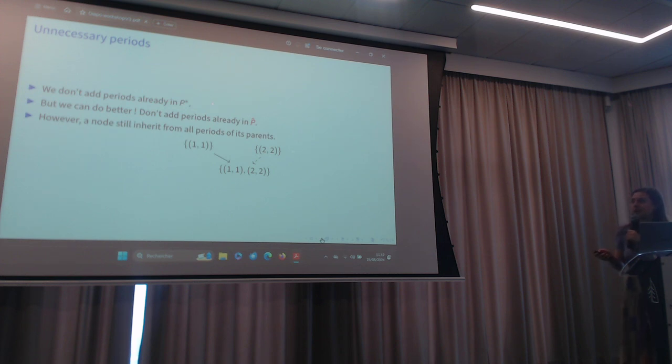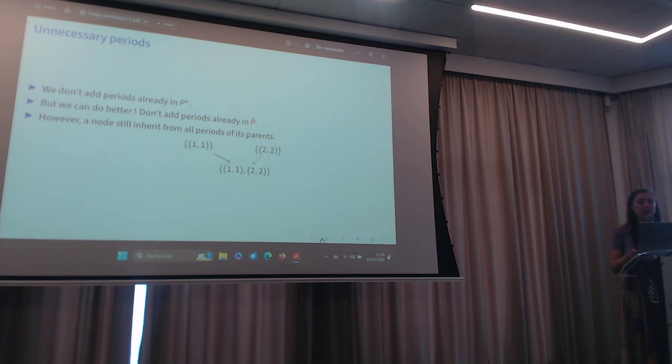And the important idea is that you can be even more restrictive than this. Not only will we forget about every period which is already in the additive closure of the set of periods, but we will also not add periods that are already in the cone. So here the argument is more complicated.